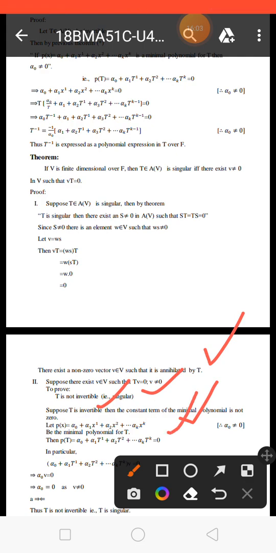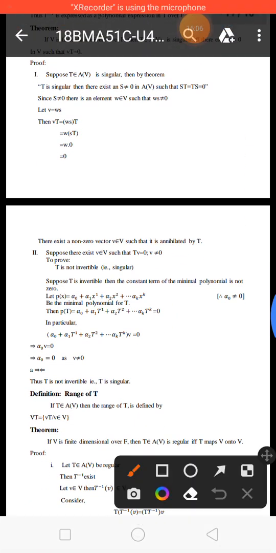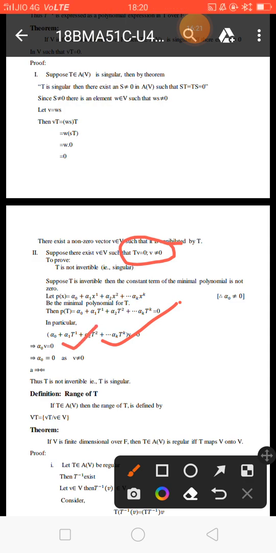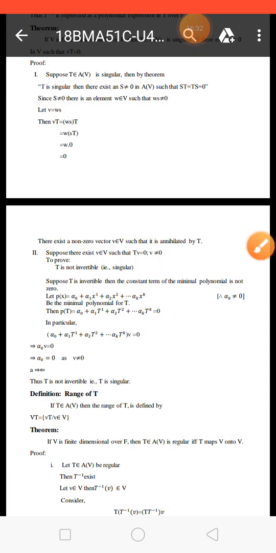Then p(T) is this much, in particular alpha 0 plus alpha 1 T and so on, applied to v equals 0. From this, alpha 0 v equals 0, and all the other terms vanish, then alpha 0 equals 0 and v is not equal to 0, which is a contradiction. Thus T is not invertible, that is, T is singular.